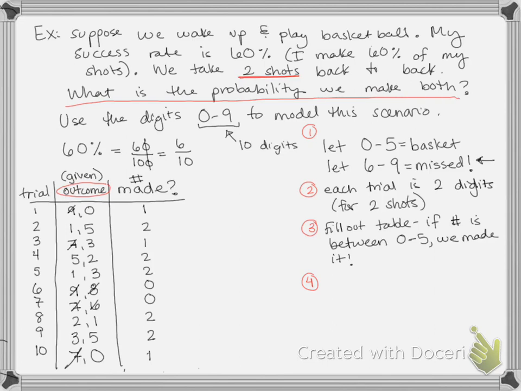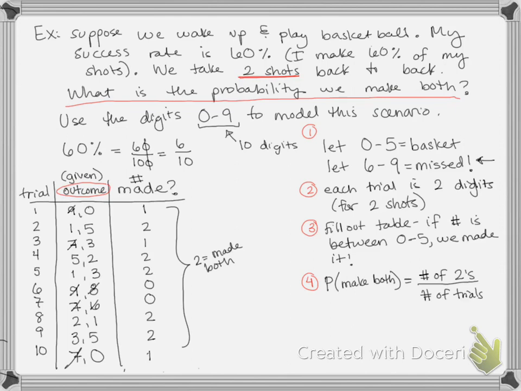So, the probability we make both is going to be the number of 2's in my number made column over the total number of trials. Because making both shots means 2, I made both. Right?